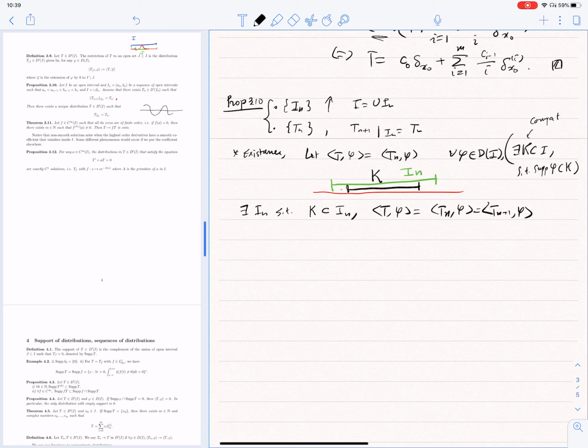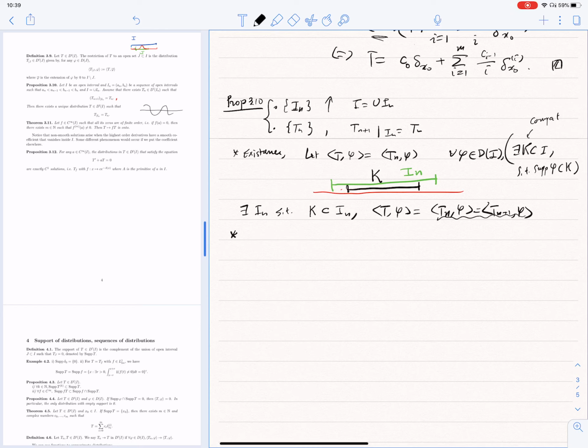We can find a certain n such that I_n contains the support of phi, so that the sequence is eventually a constant sequence. So this is well defined.